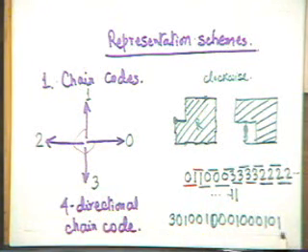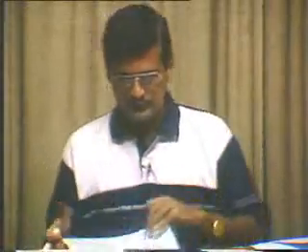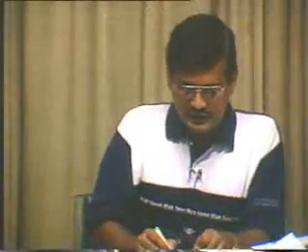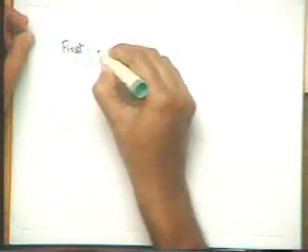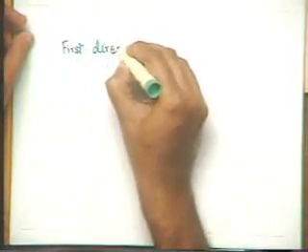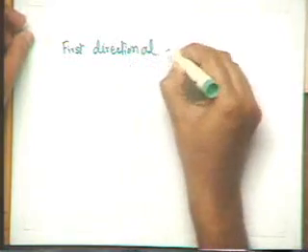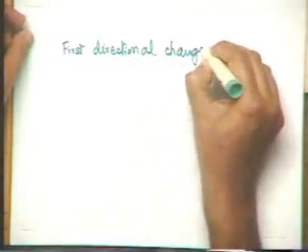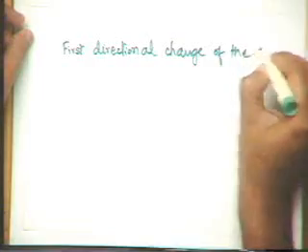So this is known as the first directional change of the chain code.